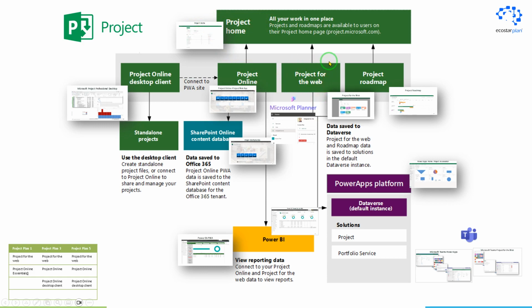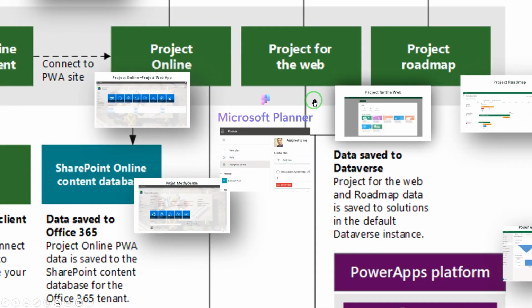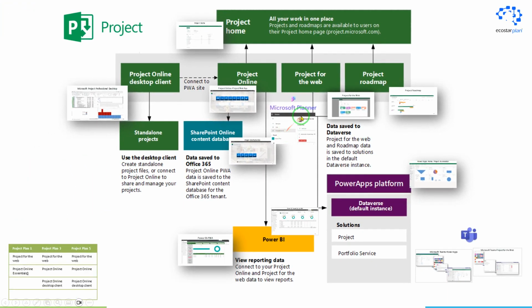Now, there is a big, let's say, promotion about Microsoft Planner that is becoming project for the web, or vice versa. So actually what will happen is that Microsoft Planner will take some of the project for the web features, and the most expected feature for Microsoft Planner is that the allocated tasks for each individual will be visible inside Planner.